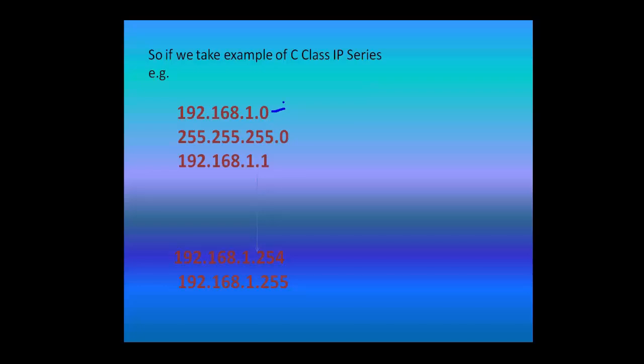The first IP is known as the network IP. Please take the notes. Then it is the subnet mask, that by default, or later when we do the subnetting, that time we change it.